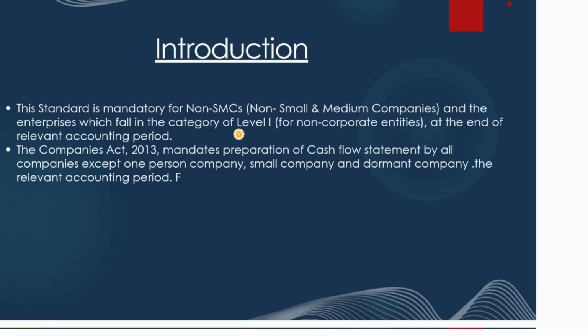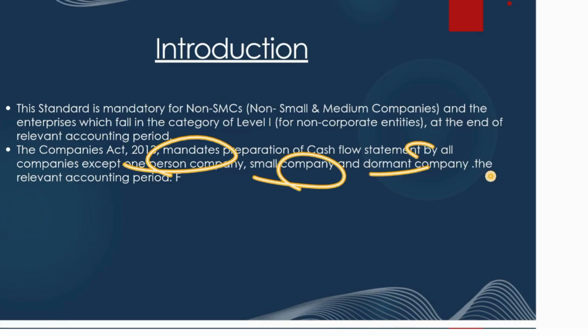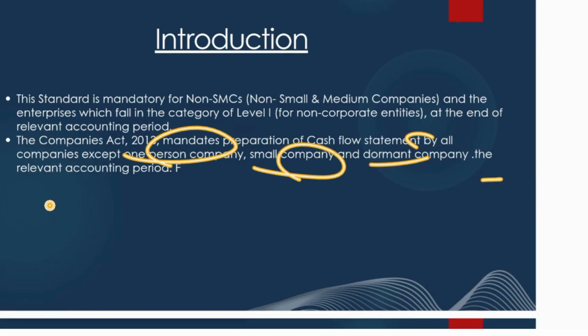If we talk about the Companies Act 2013, it mandates the preparation of cash flow statement by all the companies, except for the one person company, small company and the dormant company, for the relevant accounting period.